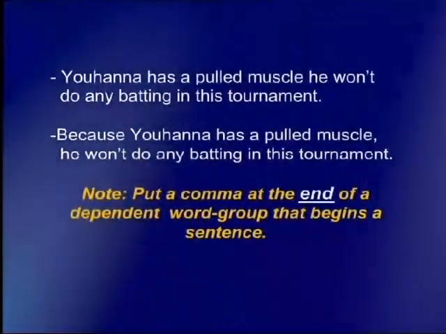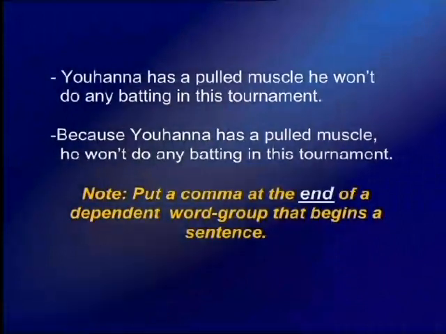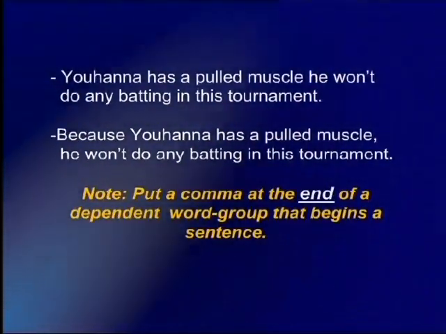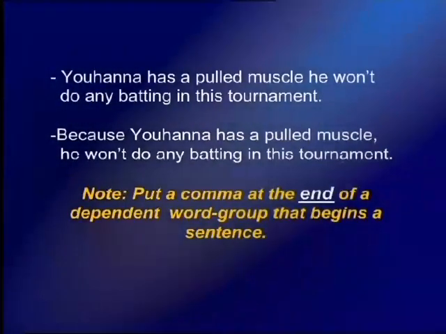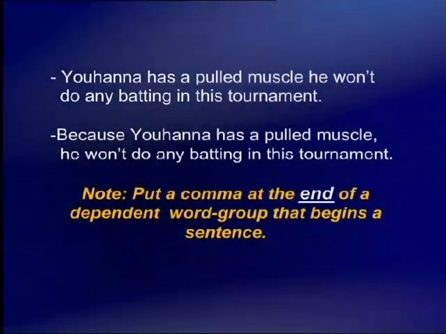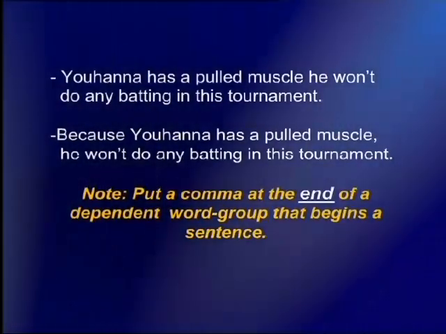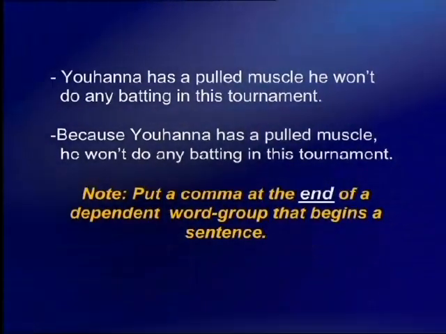For example, if you had this sentence, it's a badly constructed sentence. Yuhanna has a pulled muscle, he won't do any batting this tournament. Now you can convert the first complete part, Yuhanna has a pulled muscle, into a subordinate clause by adding one of the words that I have just read out to you.